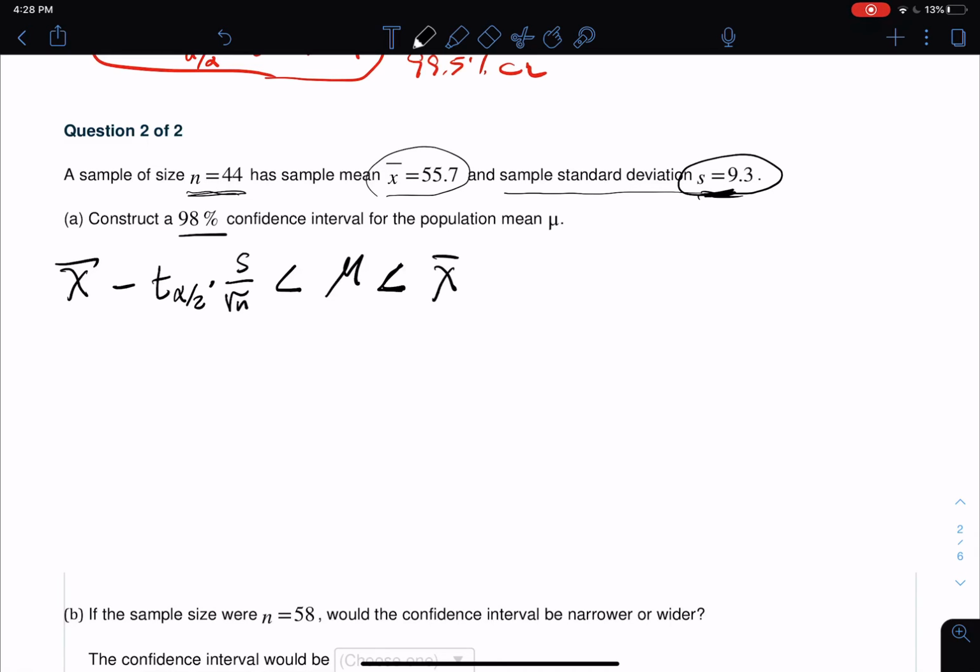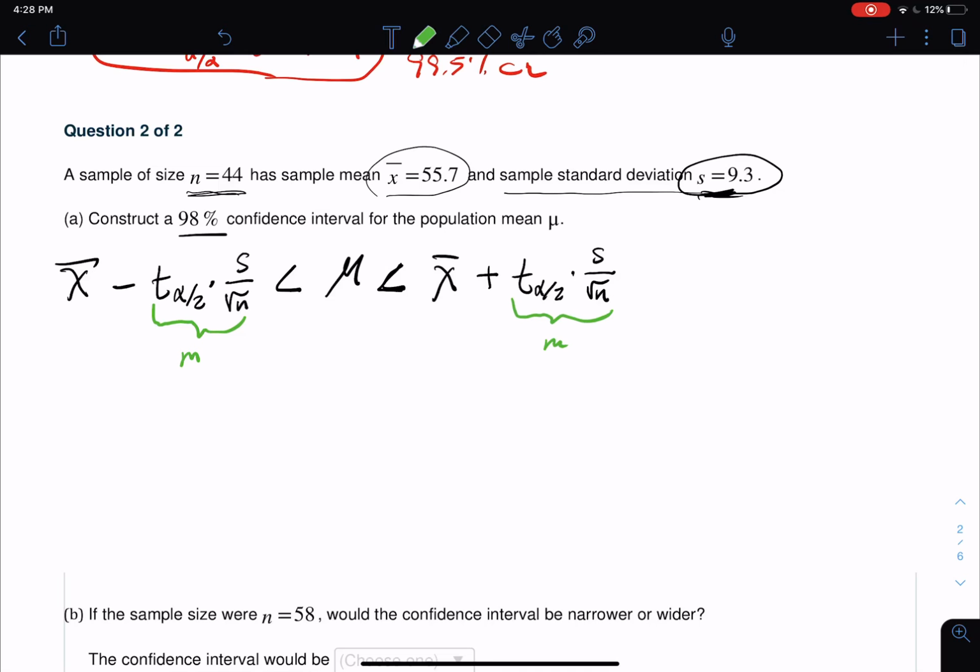And this is going to be our sample mean now plus the critical value times the standard error, which all comes together to make, once again, our margin of error.